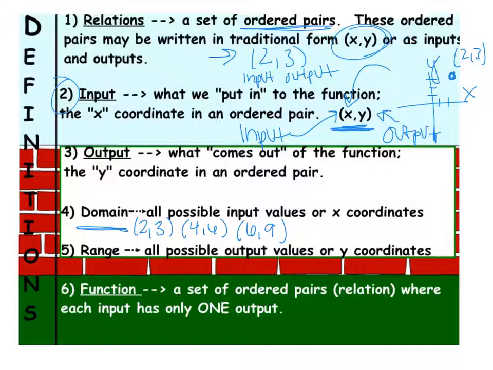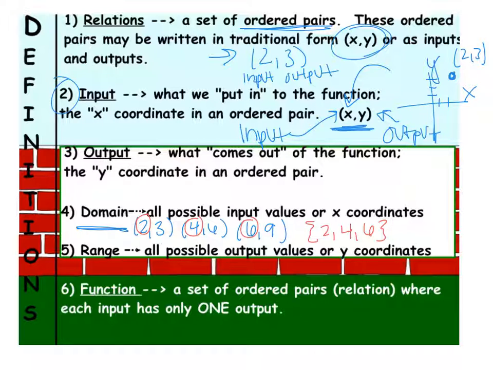Okay, let's say that's my group of ordered pairs. The domain are all of my input values. So 2, 4, and 6. All my x values, remember another name for that is input. All of those are my domain. So I would say the domain is 2, 4, and 6.